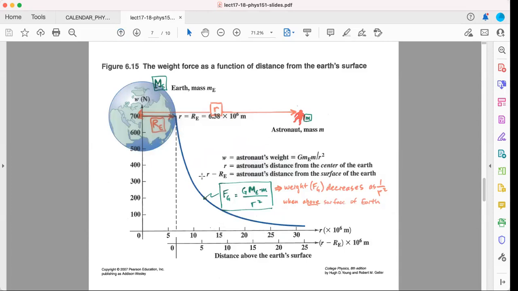Wouldn't you agree? Yes. So when an astronaut is in a space station, you can see that the gravitational acceleration they experience is almost as strong as on the surface of the Earth. It's just a little bit weaker. And even out where the Moon is located, there is still some small gravitational acceleration due to the Earth. Great, thank you.